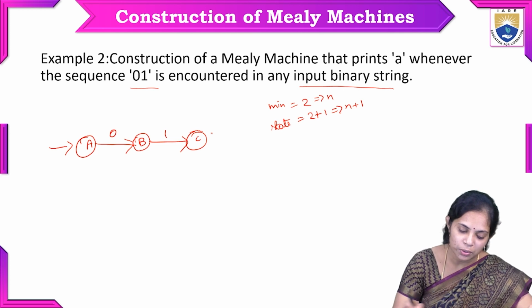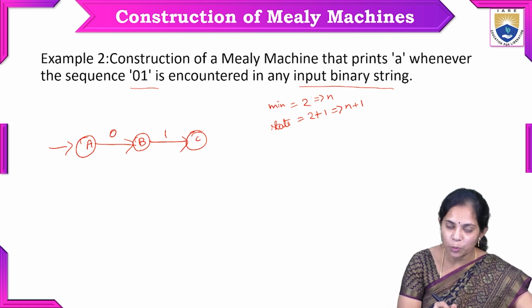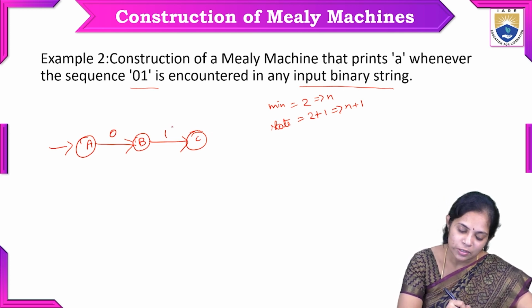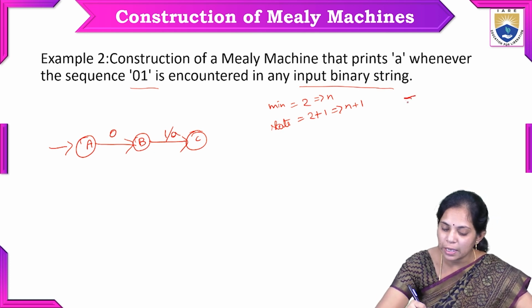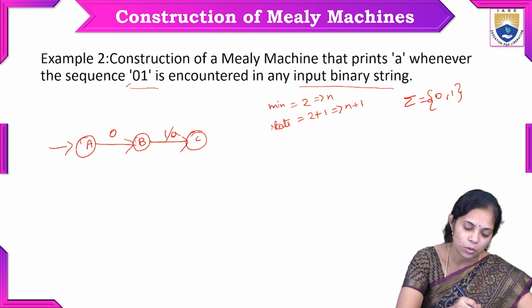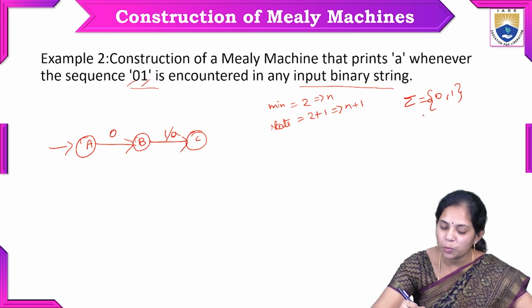So let's encounter 01. It has to print A. Let's draw this one. When I encounter 01, it has to print A. For this one, first analyze the input symbols. What we have taken in the input binary string is 0 and 1. And what has to be printed in the output?